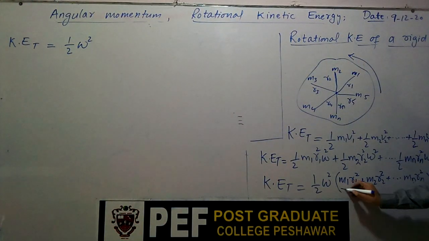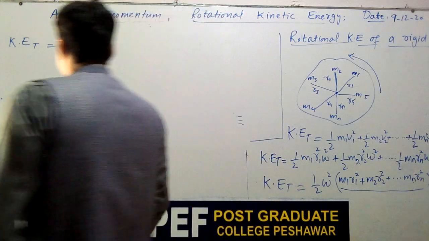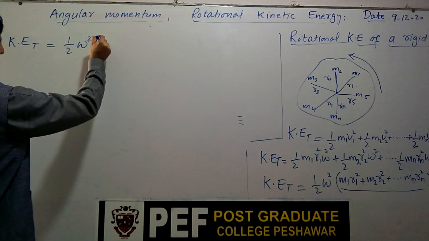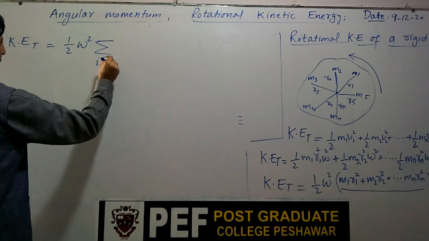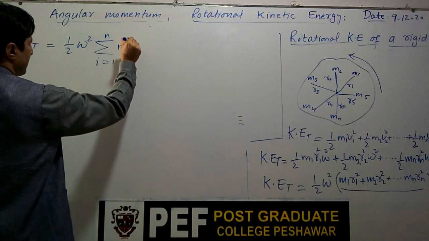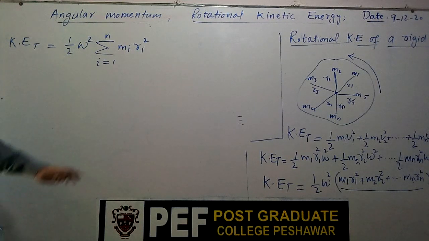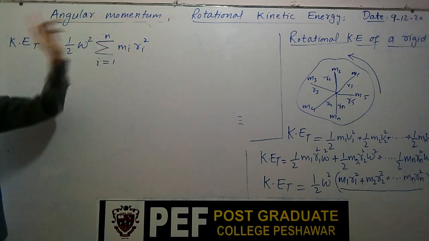Remember this is a series, and we can write this series in summation form as summation i from 1 up to n of mi ri square.